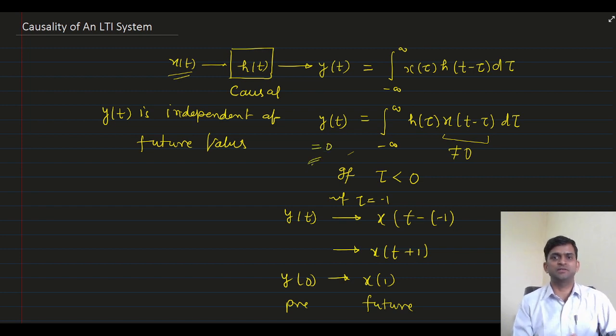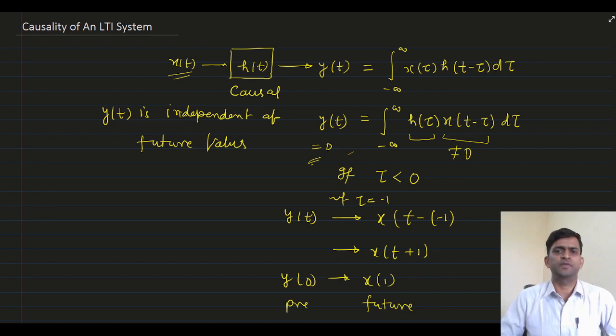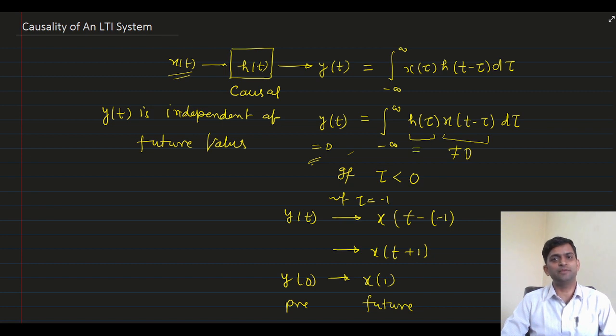For tau less than 0, if I want the output 0, then out of these two terms, one term has to be 0 because these two terms are in multiplication. So which term will be 0? This term cannot be 0, so the other term has to be 0. That means this term will be 0 to make the output independent of future values.